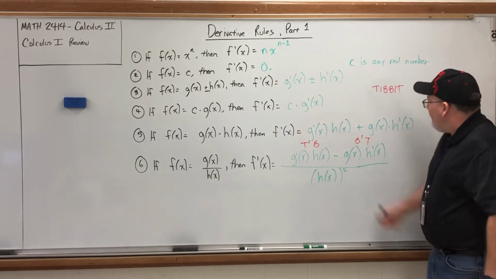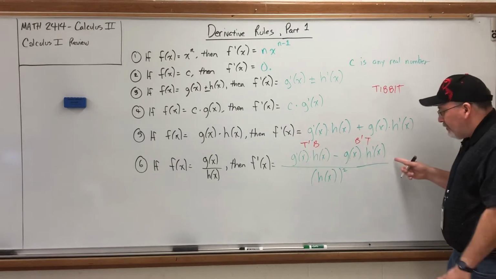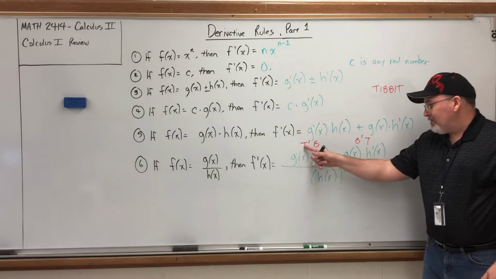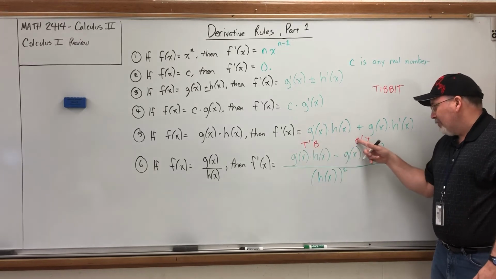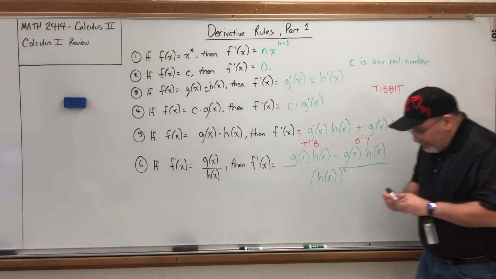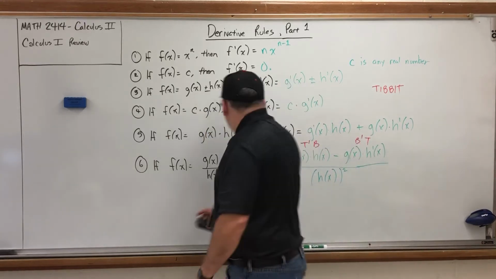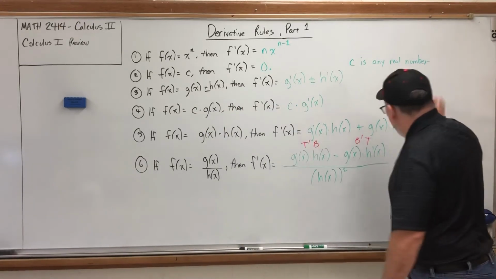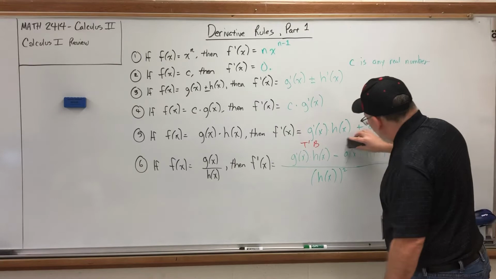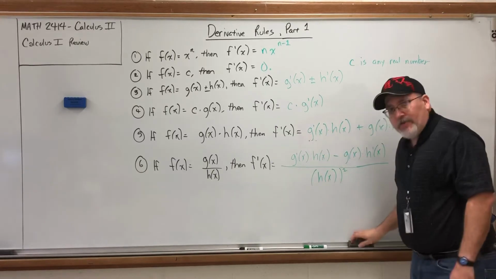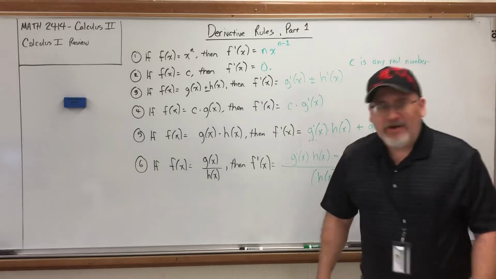T-I-B-B-I-T. Meaning that the order that I do the function and the derivatives in is the derivative of the top times the bottom minus the derivative of the bottom times the top. Whatever gimmick you want to use is up to you, but you are expected to have the quotient rule memorized. And the product rule.